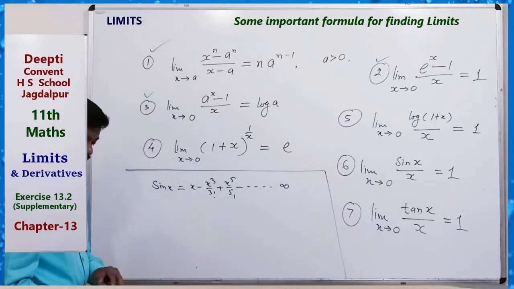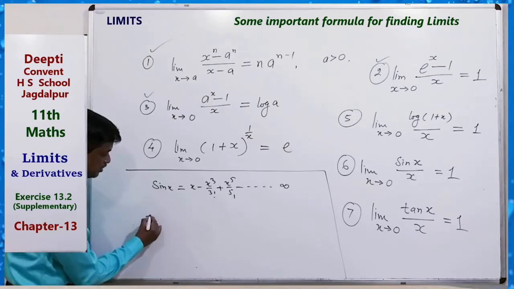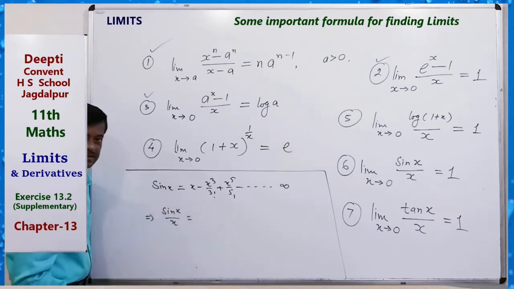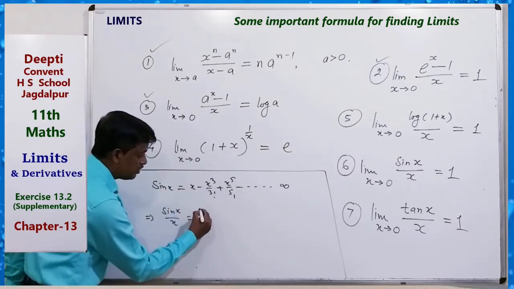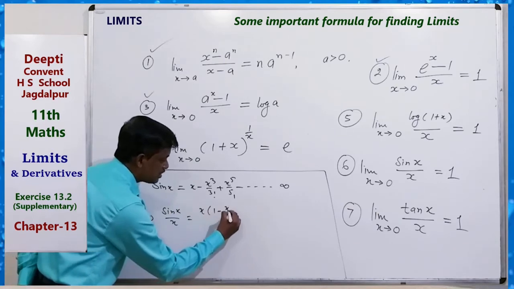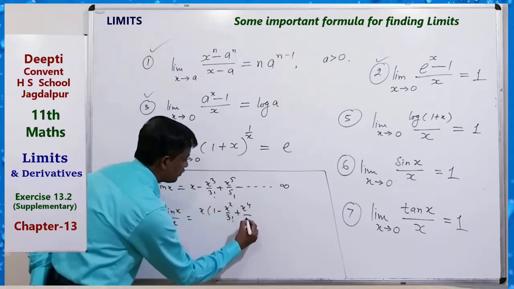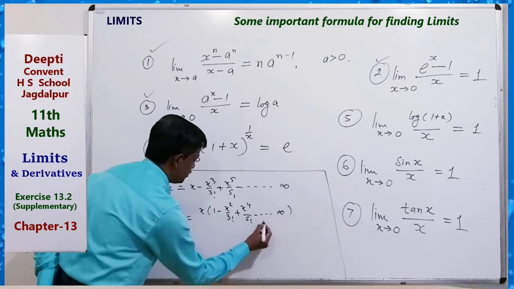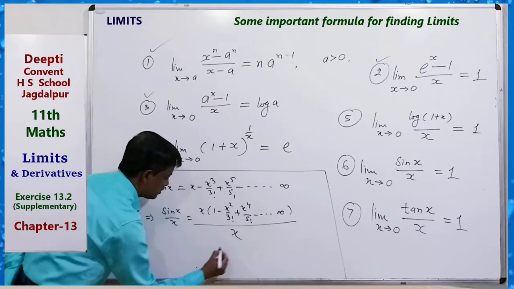So sin x by x: taking x common, we get 1 minus x square by 3 factorial plus x power 4 by 5 factorial and so on, divided by x.